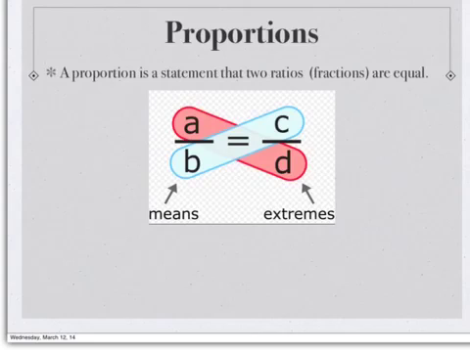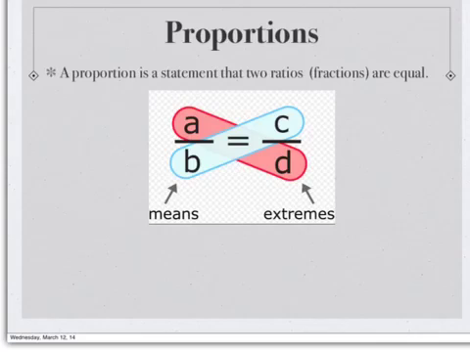So a proportion is like something over something that's equal to something over something. So it's two fractions that are equal to each other. When you have that, they form a proportion, but within a proportion you have what's called the means and the extremes.